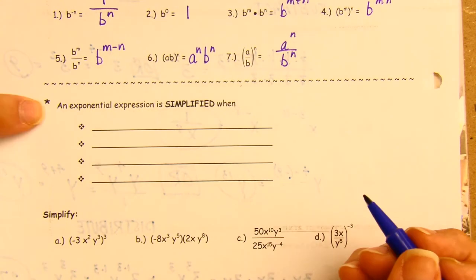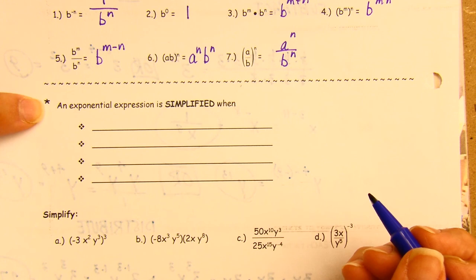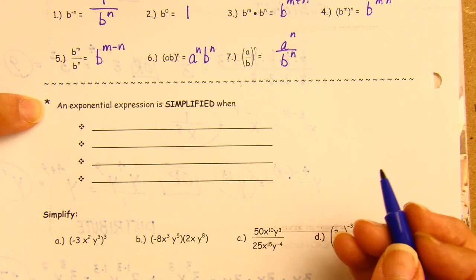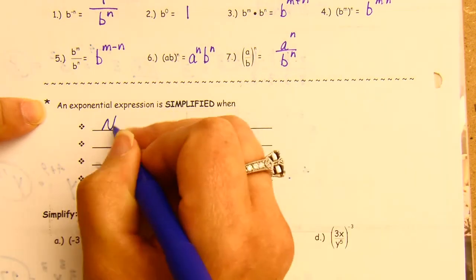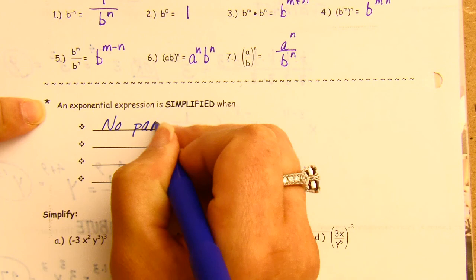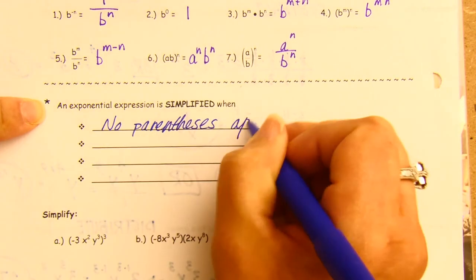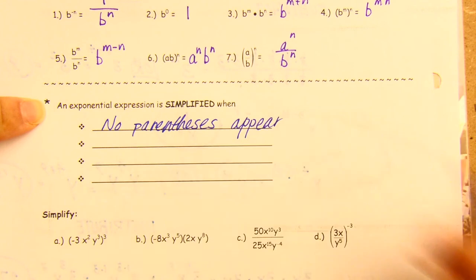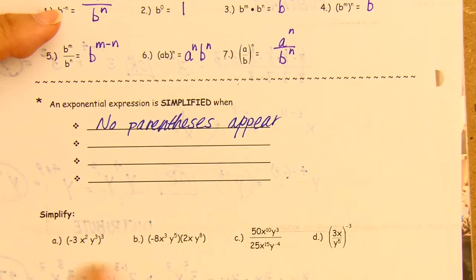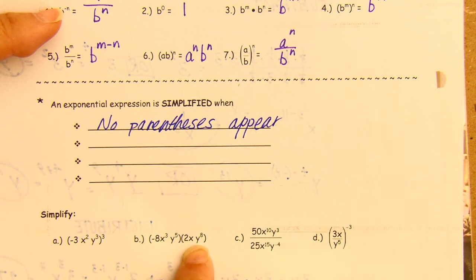But let's talk about what we mean when we say an exponential expression is in fully simplified form. Well, this will be true if no parentheses appear. So if I look down at these examples at the bottom of the page, I've got some parentheses.